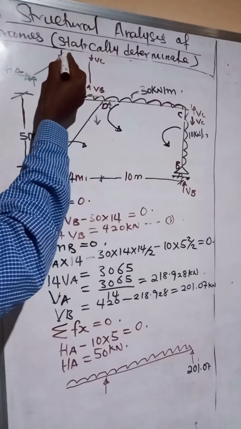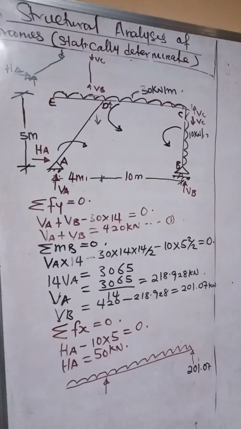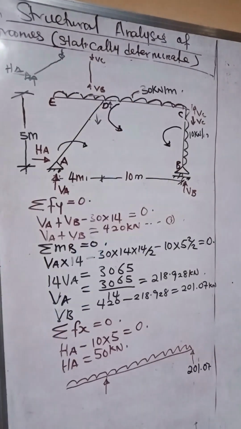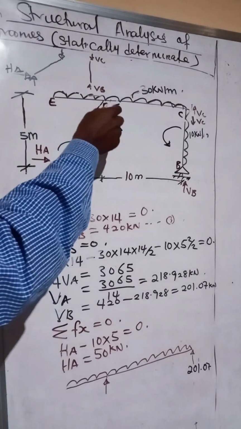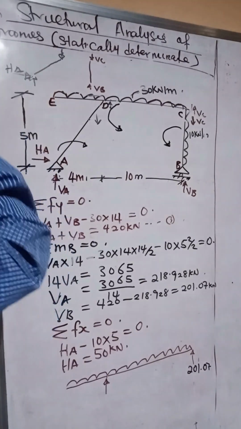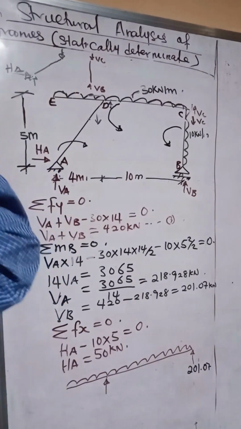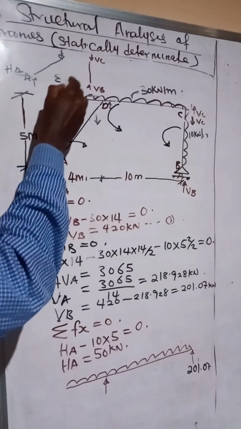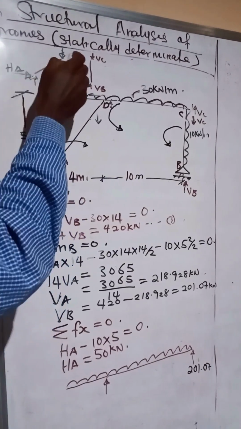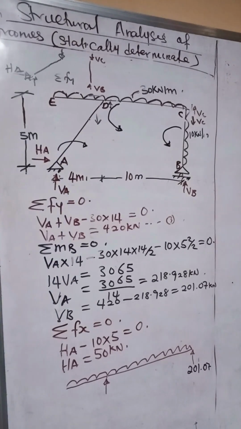So whatever value we have as support reaction here will be the same as the value we have as the reaction for this beam. And also, whatever value we have as a reaction here will be the same as the value here, because if you do the algebraic summation of vertical force here, you see that this reaction is the same as this. So we've already gotten this before to be 218.928.